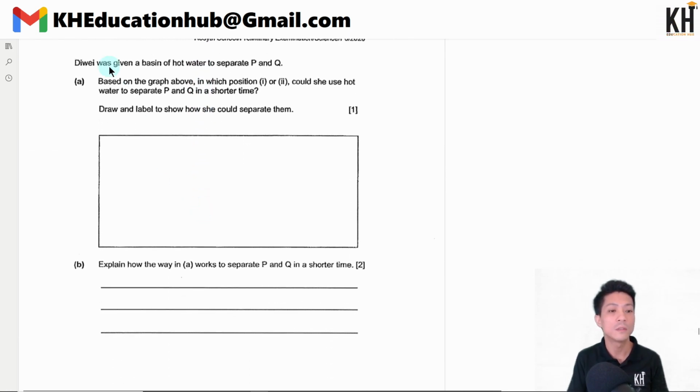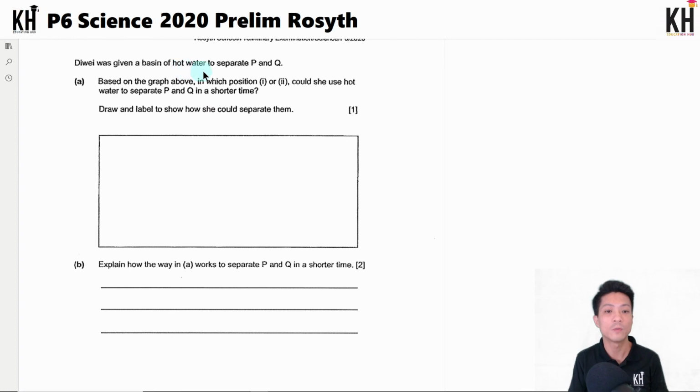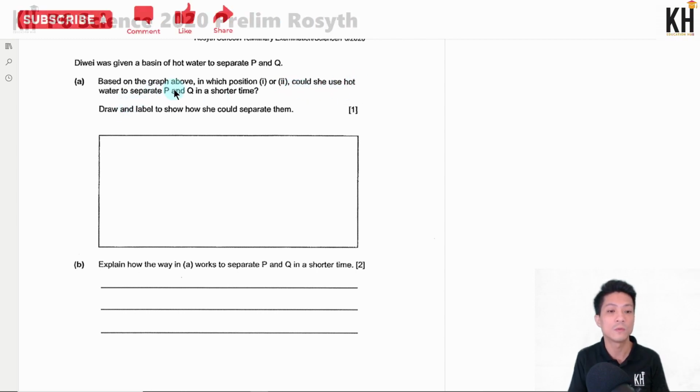So Dee was given a basin of hot water to separate P and Q. Based on the graph above, in which position, 1 or 2, should she use hot water to separate P and Q in a shorter time. Draw and label to show how she could separate them.